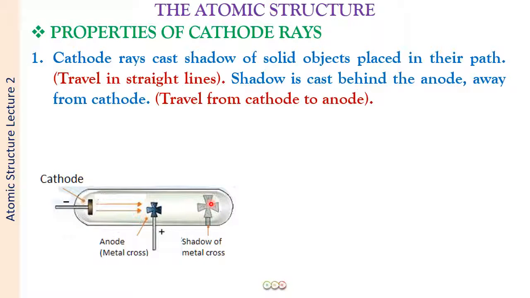During the experiment, the fluorescence or flash of light was observed in the region outside this shadow, above or below, but it could not be seen here. This showed that the cathode rays travel in straight lines. And as the shadow was cast behind the anode away from the cathode, this showed that the cathode rays travel from cathode to anode.